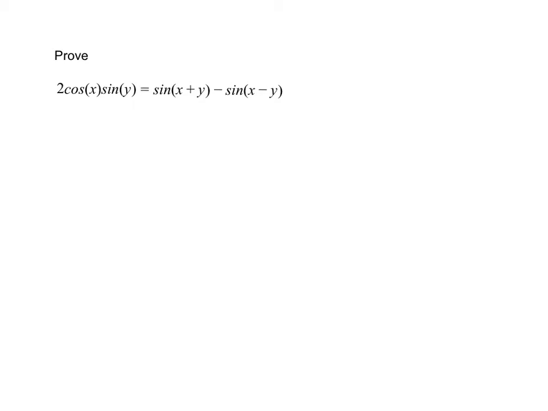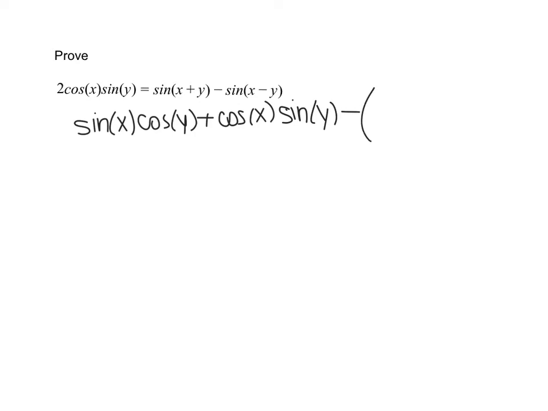So sine of x plus y is sine of x cosine of y plus cosine of x sine of y. And then we have minus sine of x minus y. And I have to put the sine of x minus y in parentheses because we are subtracting the entire thing.